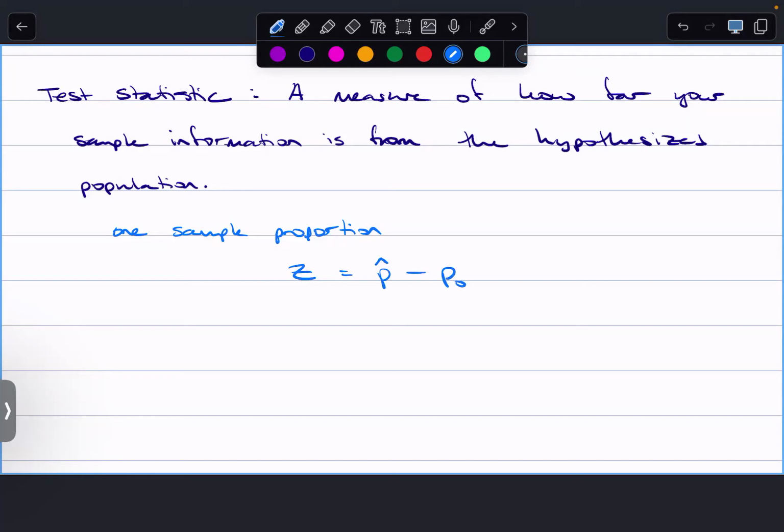How far is it from P naught, depending on the spread of P naught? We're not going to talk about the spread of P hat. We're going to talk about the spread of P naught. And so what happens is we've got the square root of P naught Q naught over N. And so for one sample proportion, Z tells us how many standard errors P hat is from P naught.